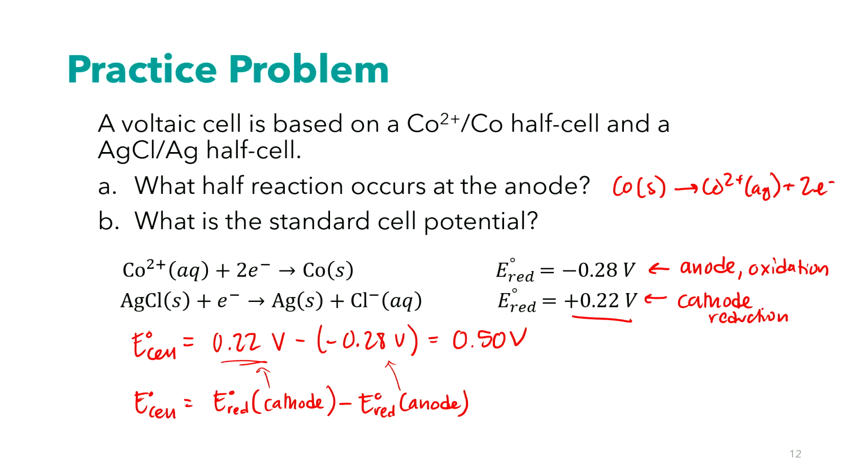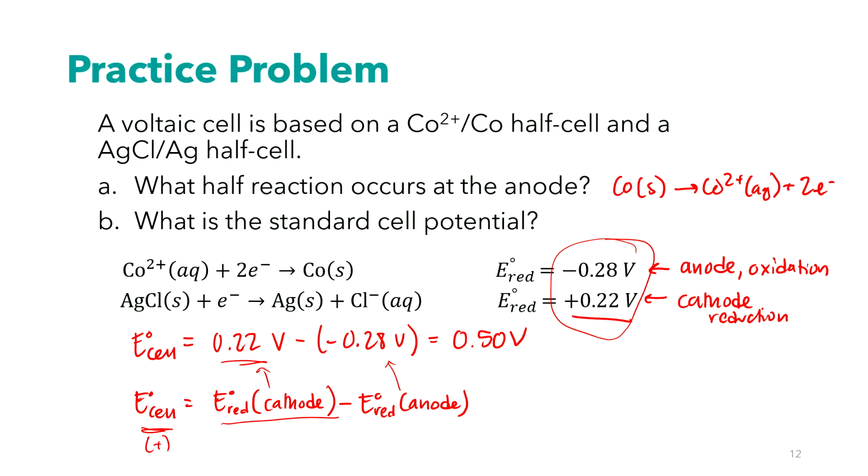If I had flopped them, I would have gotten a negative value, which is telling me that it's not spontaneous, and I would have set it up in the wrong direction. So this is just by definition. My standard cell potential has got to be positive. You combine your two values in this equation, one minus the other, such that it is positive. I could do it the other direction. I just wouldn't have set up a voltaic cell. I would have set something up that I need to put energy into to drive it, which is not what we're doing right now in this part of the chapter.